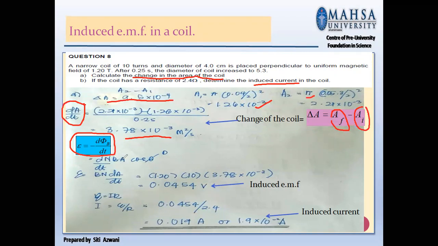Here you have a change in the area, so dA over dt. The rest is constant for the B and N. The angle is equal to 0.